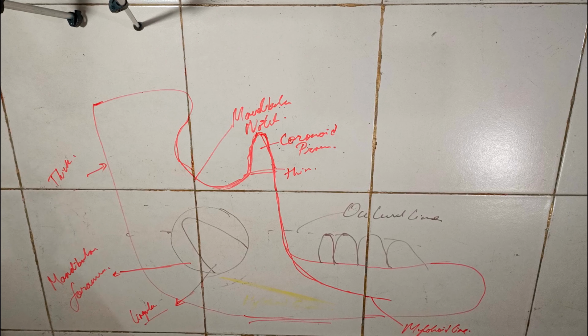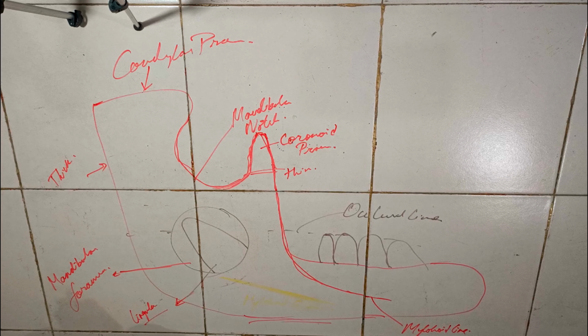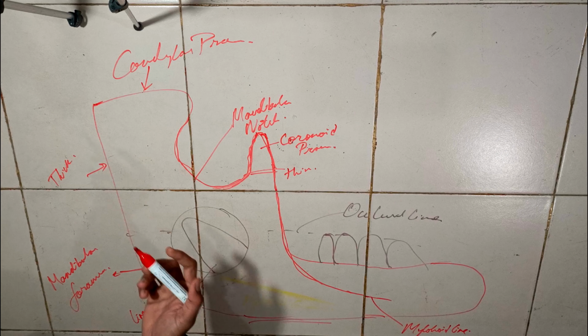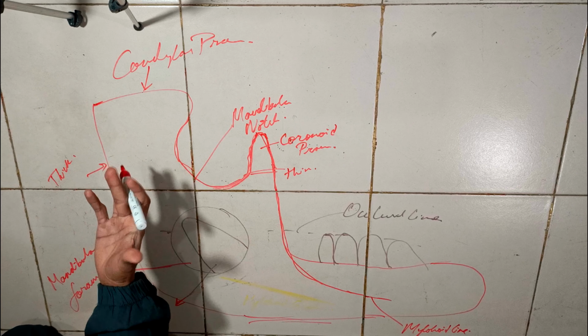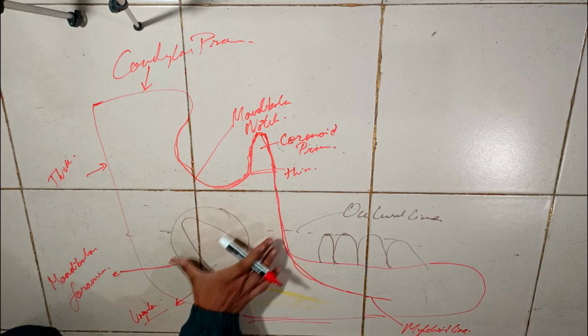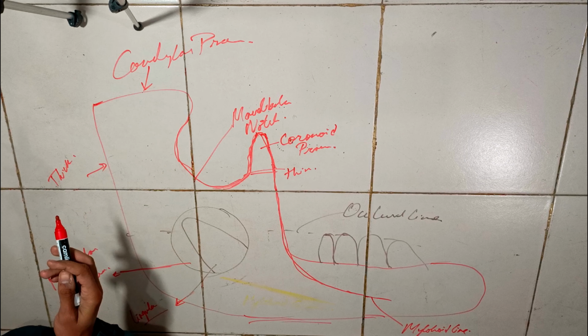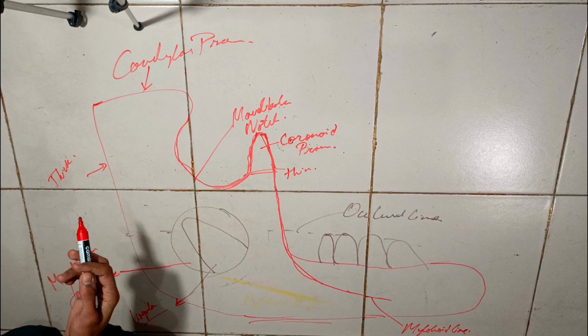The condylar process is a strong upward projection from the posterior superior part of the ramus. See, this is the ramus and this projects upward. Posterior means behind, superior means above.